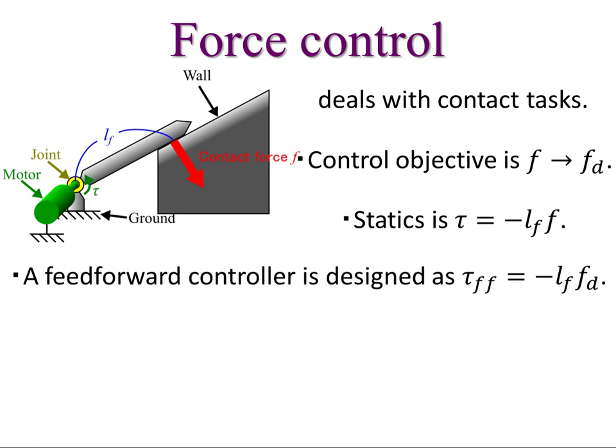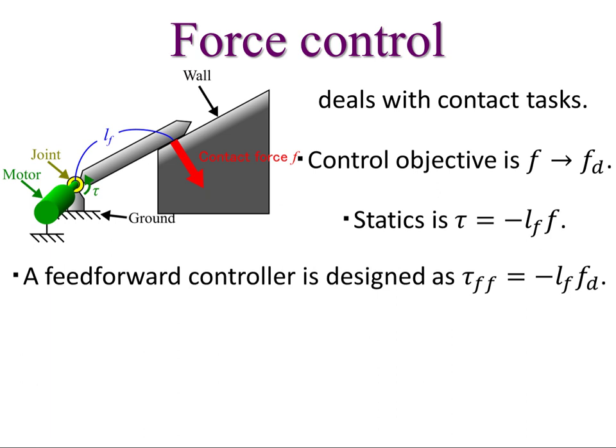However, this is only true if the robot is at rest. Therefore, if the robot has multiple joints, this statics is not valid because the robot is moving and controlling the force at the same time.